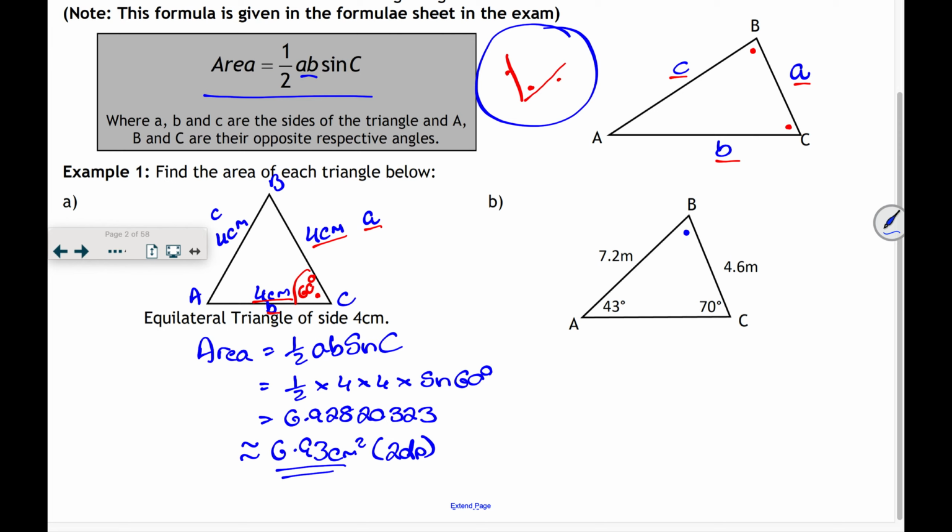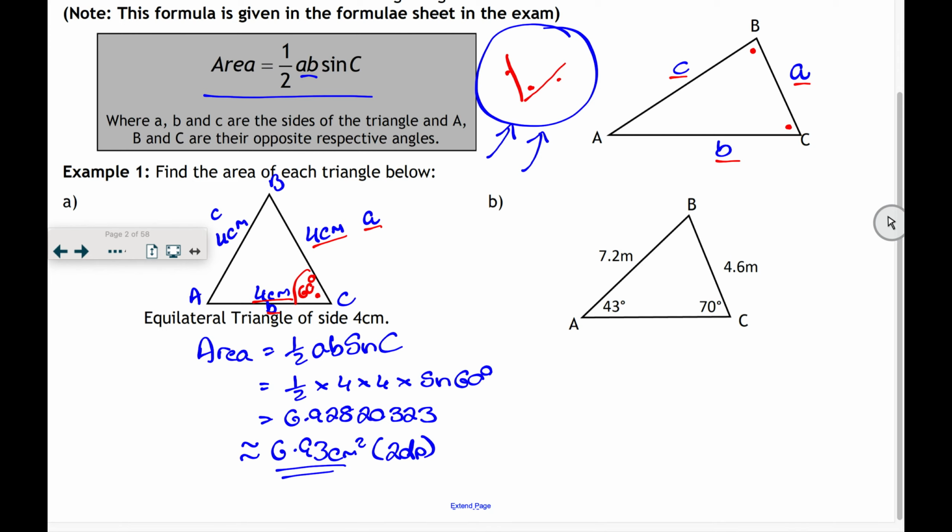Remember, I need this situation here, where I have 2 sides and the angle in between. Now, in maths, especially in trigonometry, a lot of questions will be given in such a way that you have to put in your own little bit of knowledge before you then go and solve the problem. So what we need to know here is the size of this angle up here.